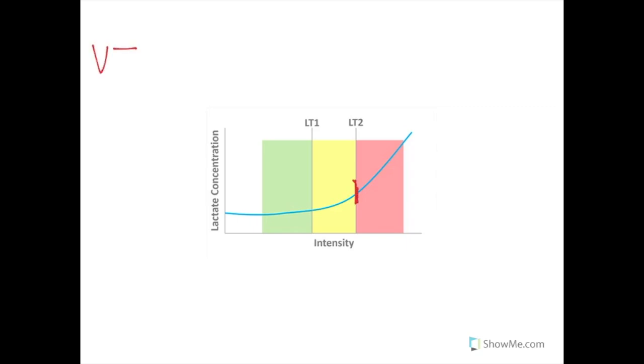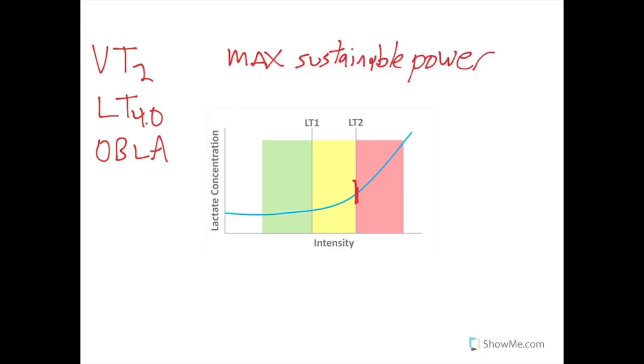So here we go. So our ventilatory threshold 2 or lactate threshold 2, or unfortunately, which some people say is lactate 4.0, or onset of blood lactate accumulation, this is your maximal sustainable power. All right, this is it. Beyond VT2, the increased ventilatory drive is chemoreceptor driven from a rise in blood H+.